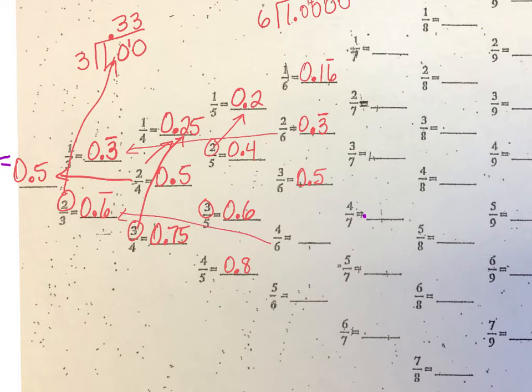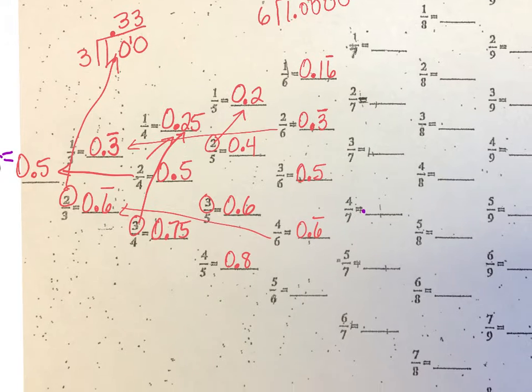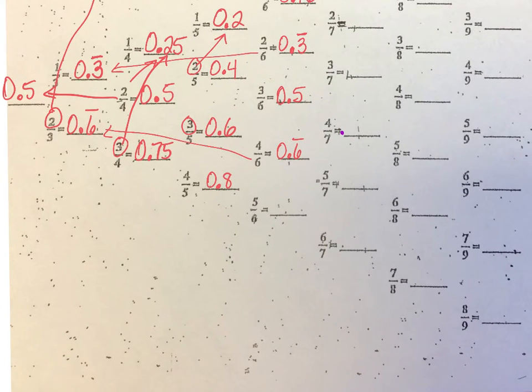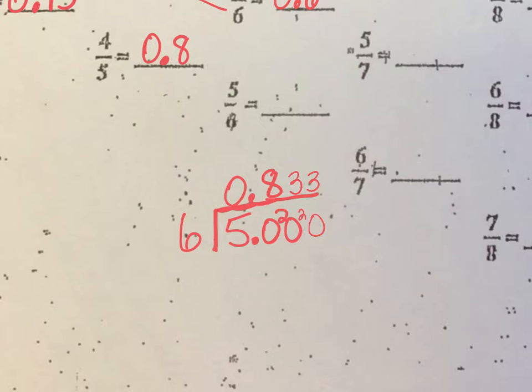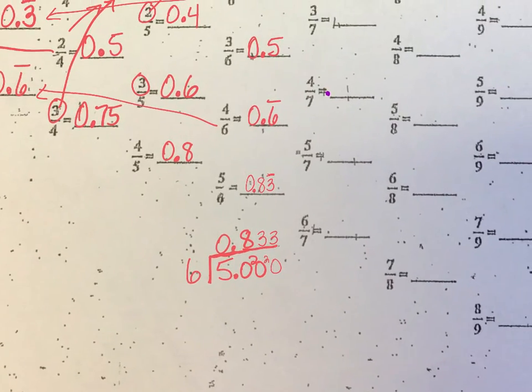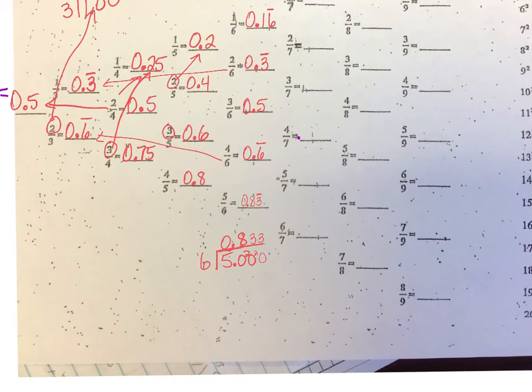And don't we have 2/3 right there, which is 0.6 repeating? Okay, we're going to divide 5/6 here. So if you notice, the 3 is going to repeat, so we get 0.83 repeating. Basically, the 1/6 and the 5/6 are the only two you really have to memorize.